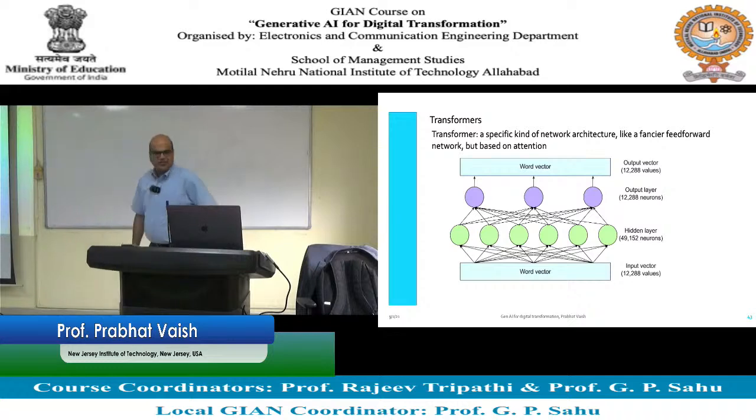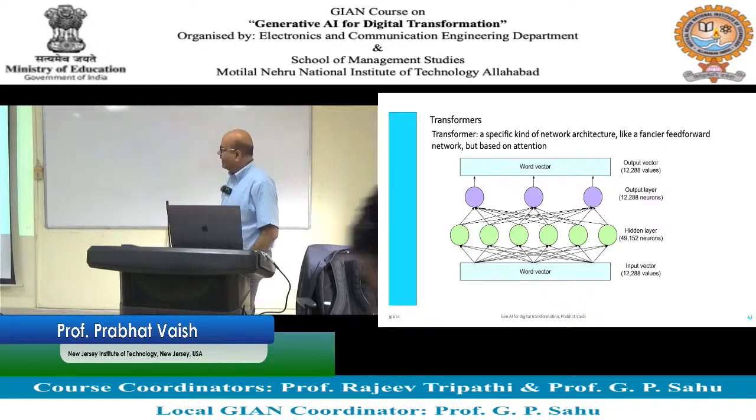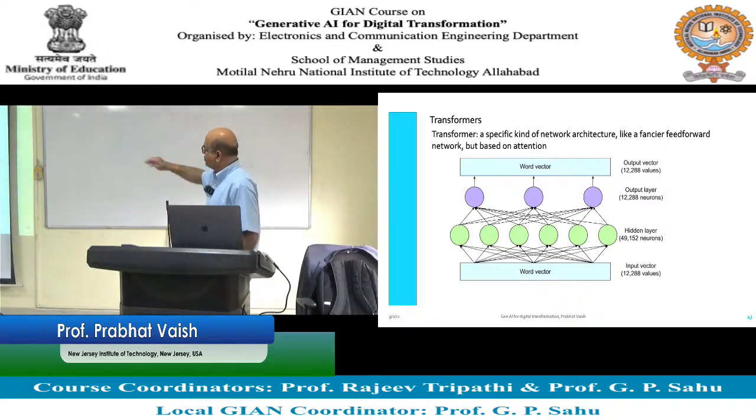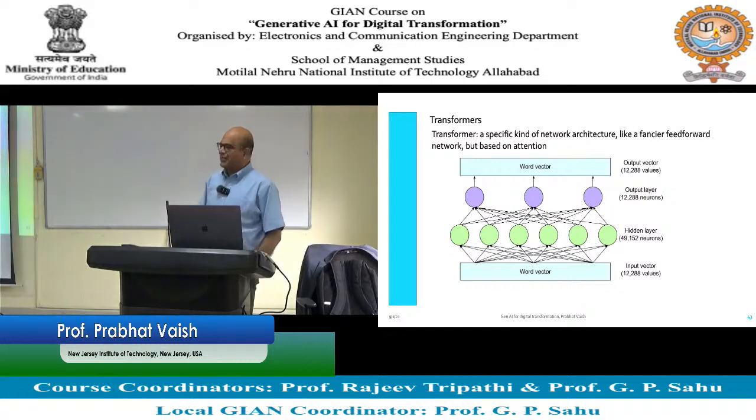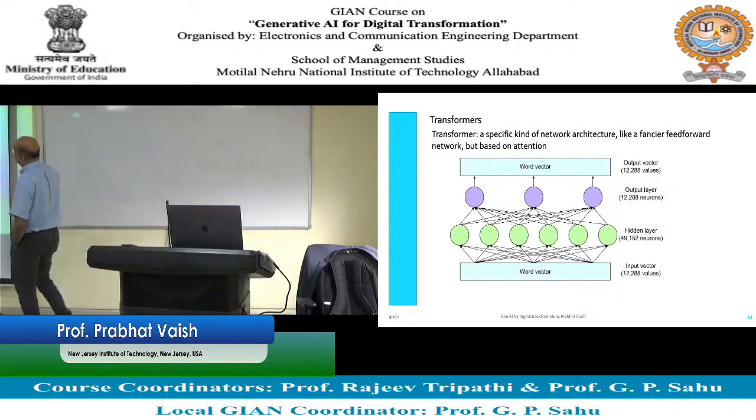Just a sense of how many different neurons we're talking here. This is an example from GPT-3. Input vector has 12,288 values. The output vector has the same size. One hidden layer which has almost 50,000 neurons.